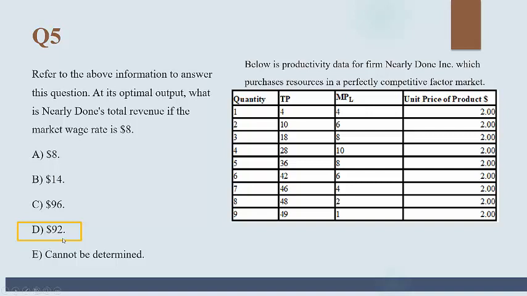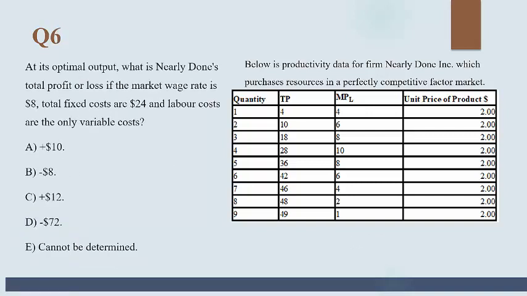We know the product price is $2. We know that they're going to hire 7 units of labor, and if they hire 7 units of labor, they're going to get an output of 46 units. They're priced at $2, so we multiply that and we get the total revenue, which is $92.